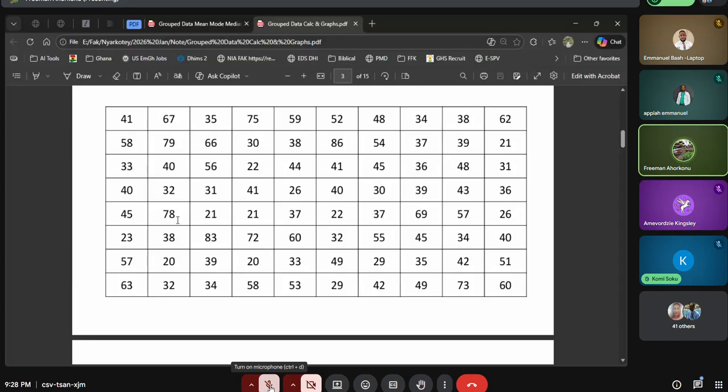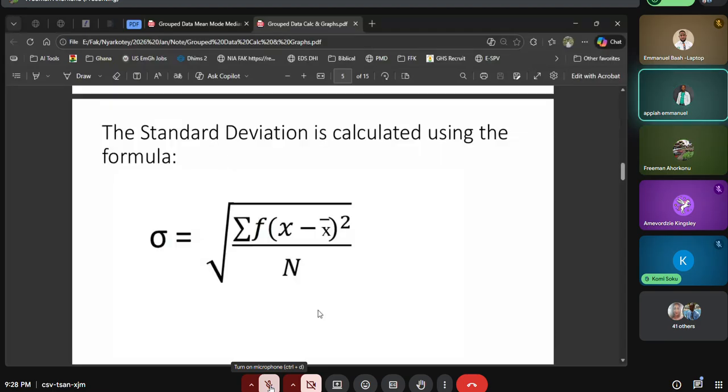You know what your x is. You know what bar x is. Bar x is your mean. You know what your n is. You know the summation f. So this is the standard deviation.